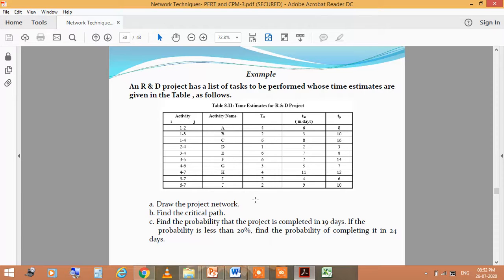The next is to find the probability that the project is completed in 19 days. If the probability is less than 20%, then you have to find the probability of completing it in 24 days.